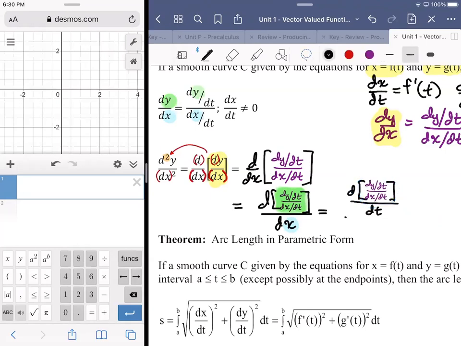Over dx/dt. All right. So it's telling me to take the derivative of my derivative, the same one I got in that first step, but then divide it again by my dx/dt.